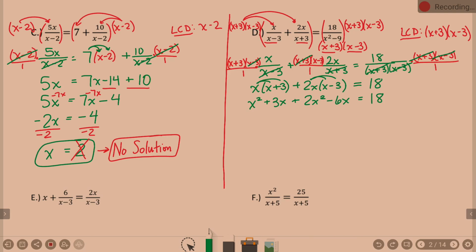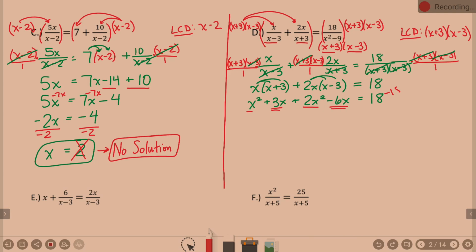Okay. Put some like terms together. And notice, we're going to have x squareds that go together. We're going to have x's that go together. Since I have x squareds and x's, what about this 18? It's going to have to move, right? We're back to making the equation equal to 0.